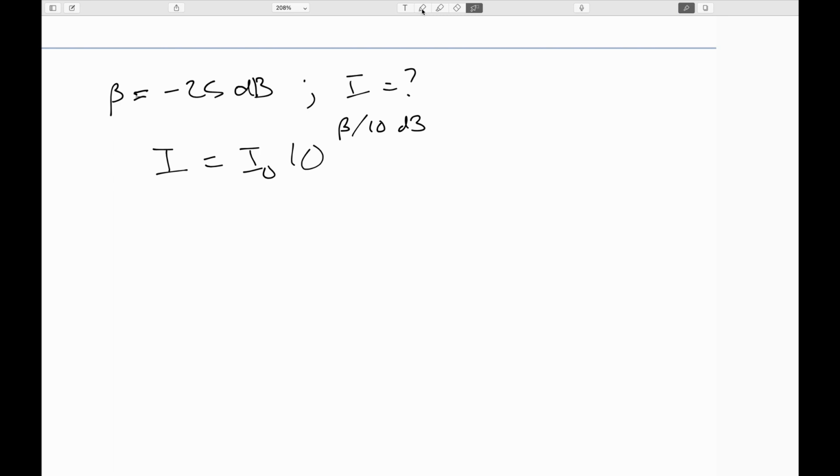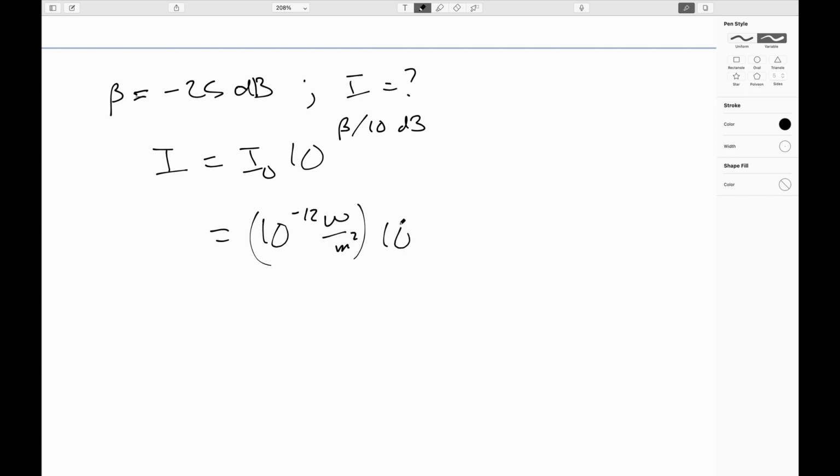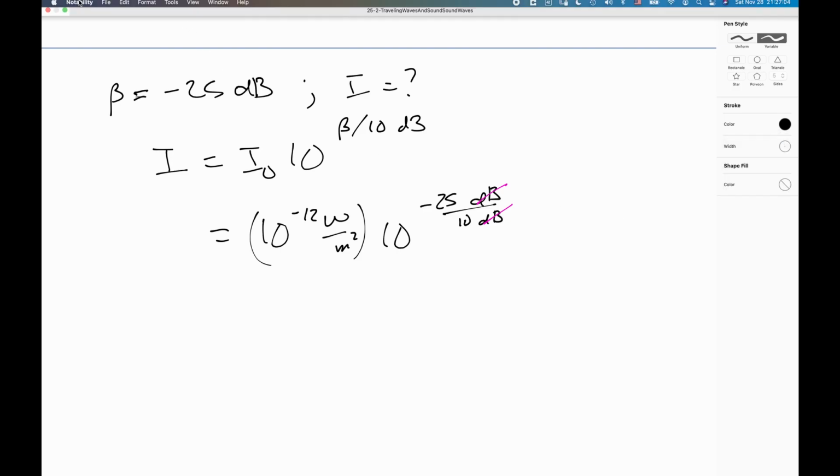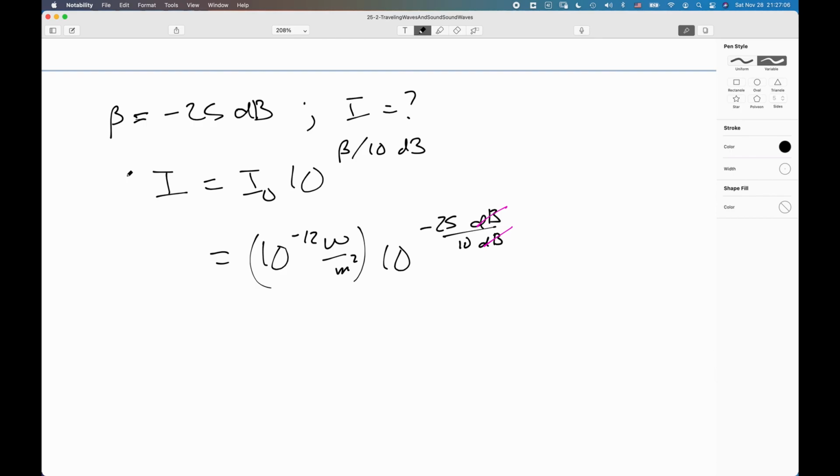So again, my reference intensity is 10 to the negative 12 watts per square meter. So it'll be 10 to the negative 25 dB over 10 dB. And once again, we feel reassured seeing the dBs cancel out here. All right, so let's crunch this one through.